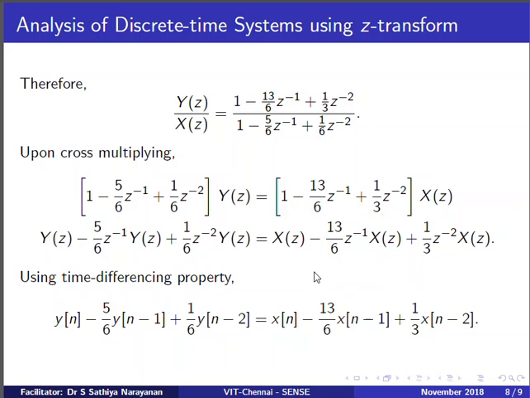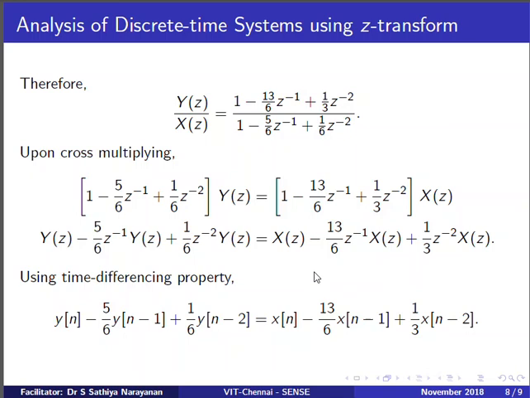So we could see we have now solved one problem each for the discrete time Fourier transform and the z transform. They look almost similar. Yes, they do.